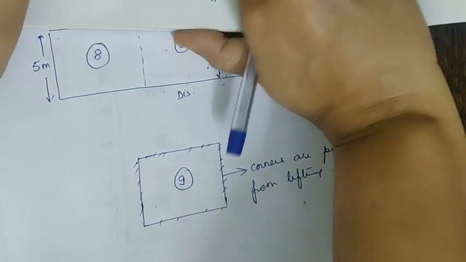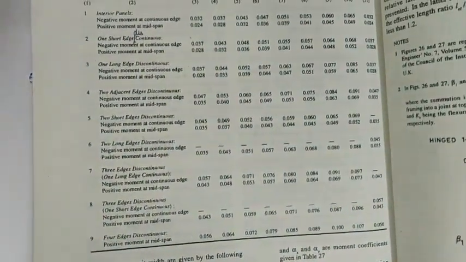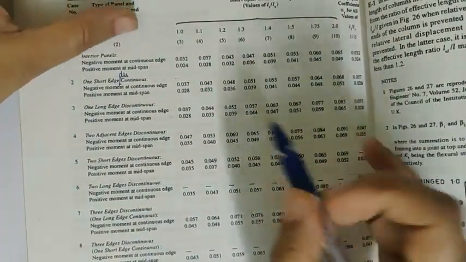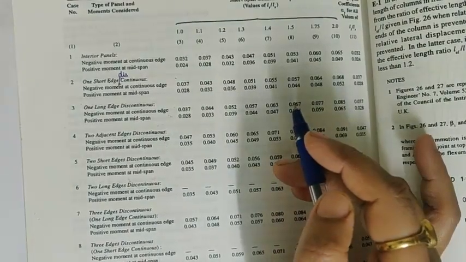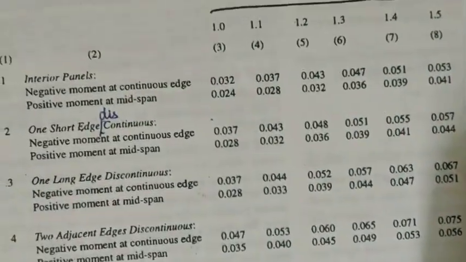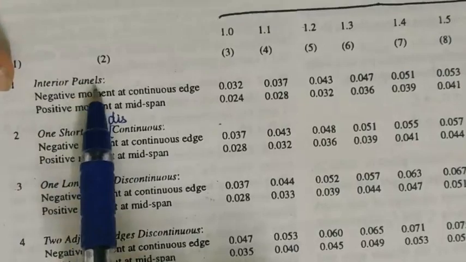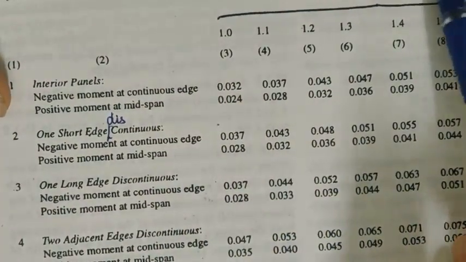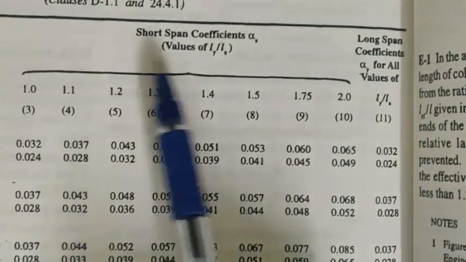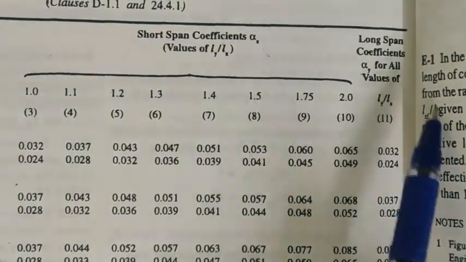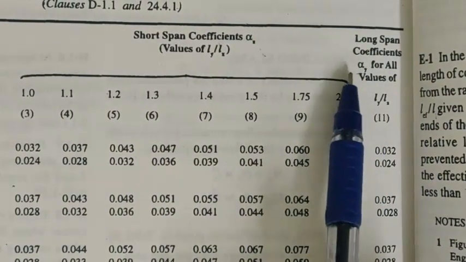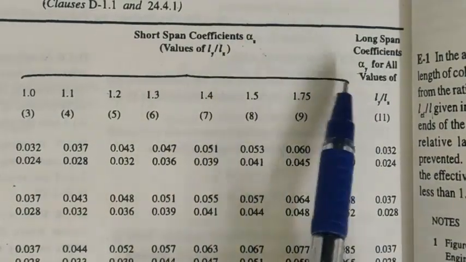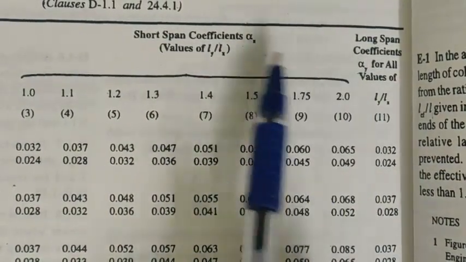Now once you know which case the system is following, then for each case, let us say we are talking about case number 1, interior panel. For each case it is given alpha x, this is alpha x, and the value of alpha y is also given. Okay. So we will take the values of alpha x and alpha y from here.